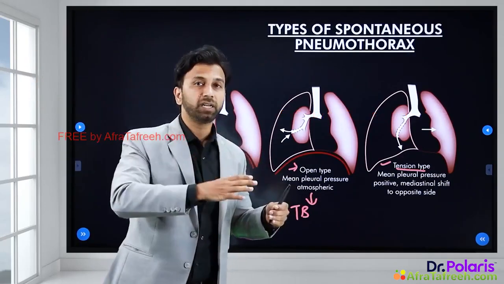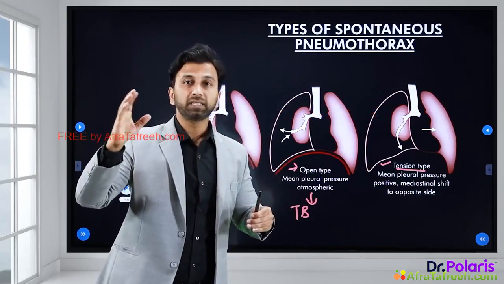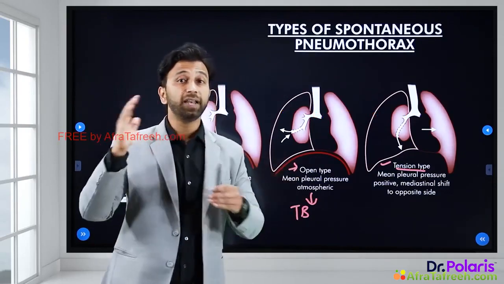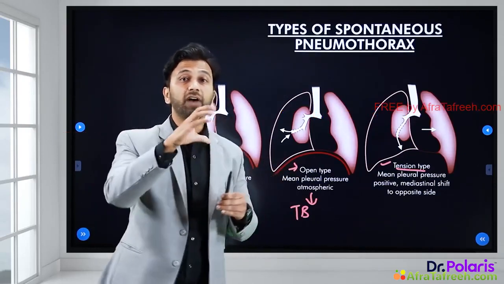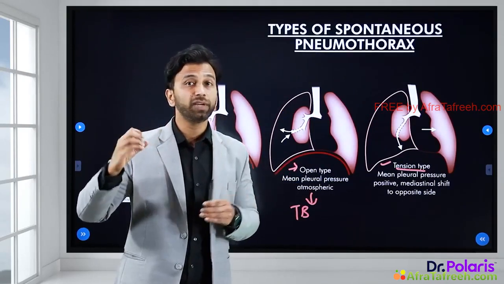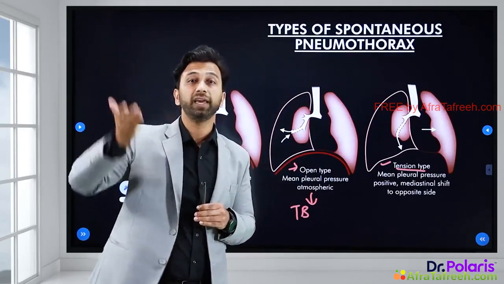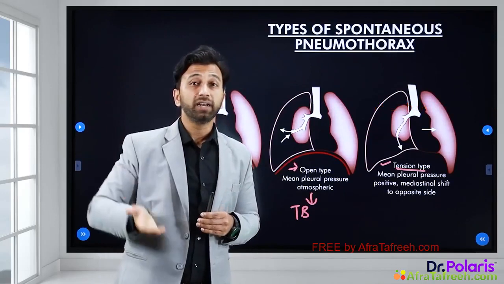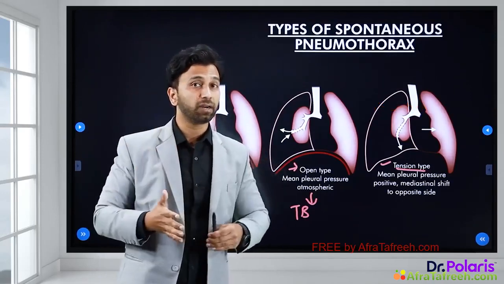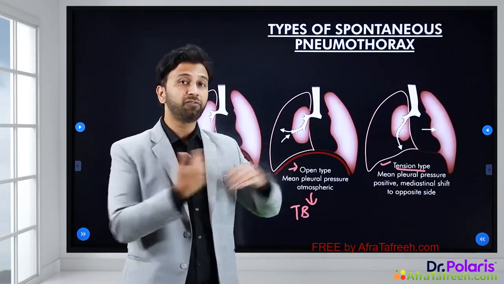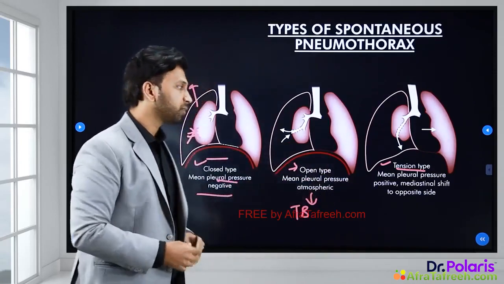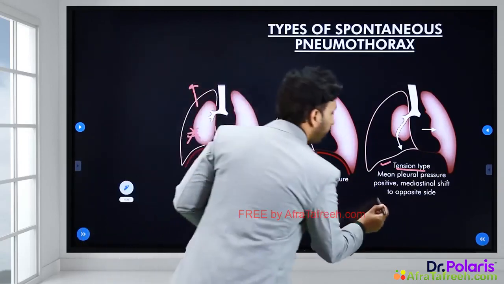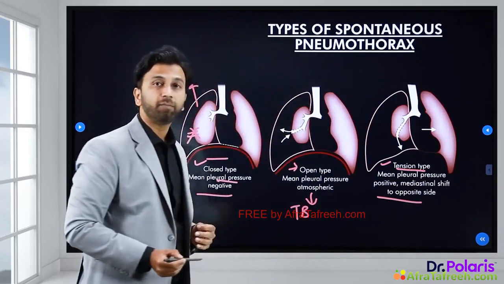But during expiration, the air in the pleural space does not escape. It is unable to exit because of the valve-like mechanism. As a result, there is an increased, progressive accumulation of air, which can lead to collapse of the lung on the same side, a mediastinal shift to the opposite side, and can be an important cause of morbidity and mortality.